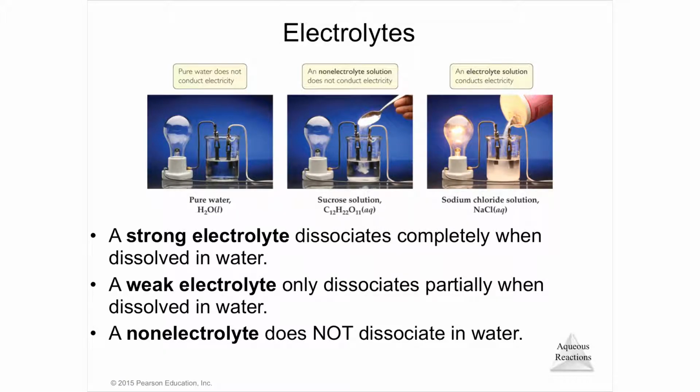Now, if you have positives and negatives in a solution, something interesting can happen. The negatives have more electrons than normal. The positives have less electrons than normal. That's a cation. The anion has more electrons.